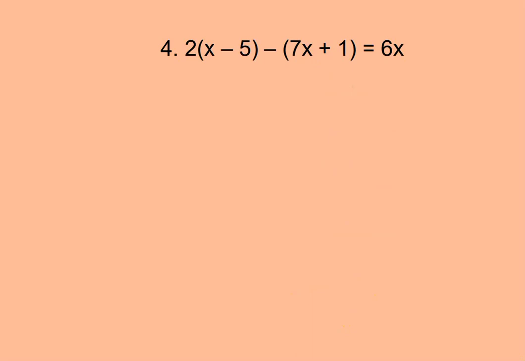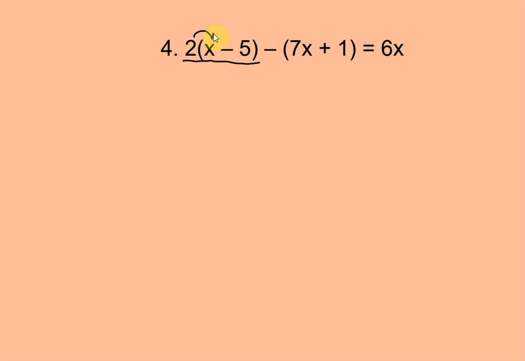All right, this is the last example. If you'll notice, we have two sets of parentheses, but they're on the same side of the equal sign. Now remember, we only distribute whatever is touching the parentheses, or what is in front of the parentheses, into the group. So in this group, the 2 is in front of the parentheses, touching the parentheses.